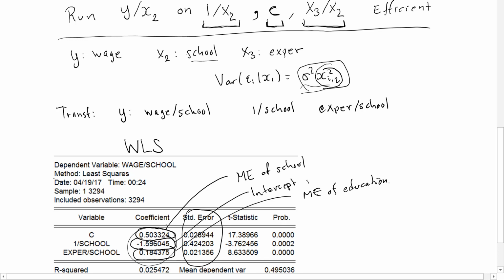And even worse, these estimates would no longer be efficient if I make an incorrect assumption on the variance of the error term. So in that sense, the weighted least squares estimator is very sensitive to an assumption that's often very hard to know if it really holds.